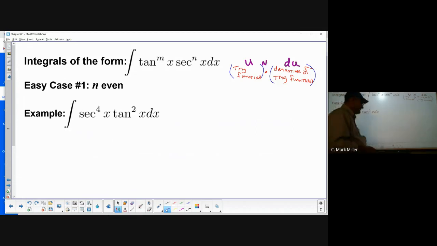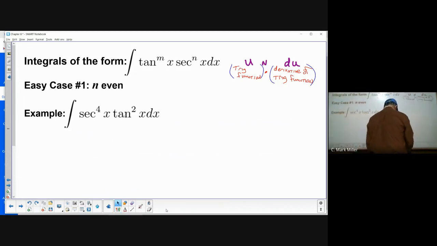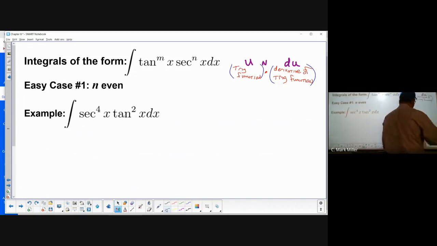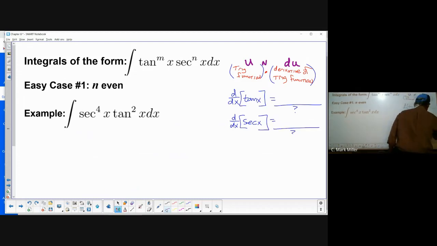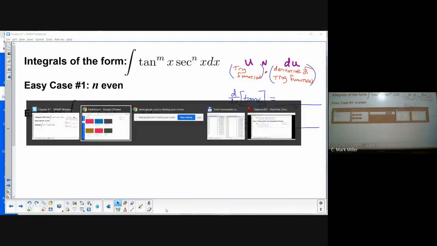Point number two. What is the derivative? Just a reminder. Pop quiz. In fact, we're going to do the tune here. d/dx of tangent x equals, d/dx of secant x equals. Give me those derivatives.